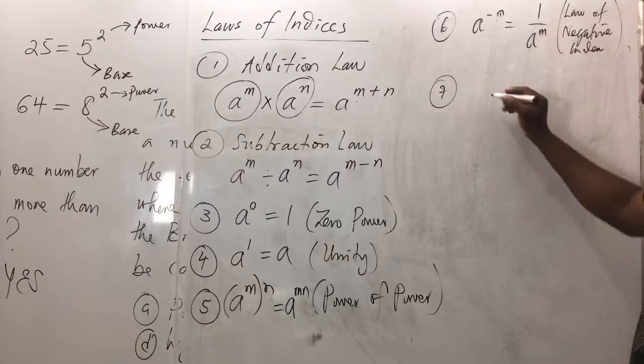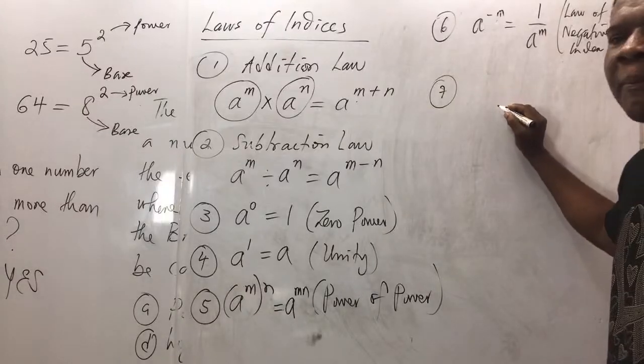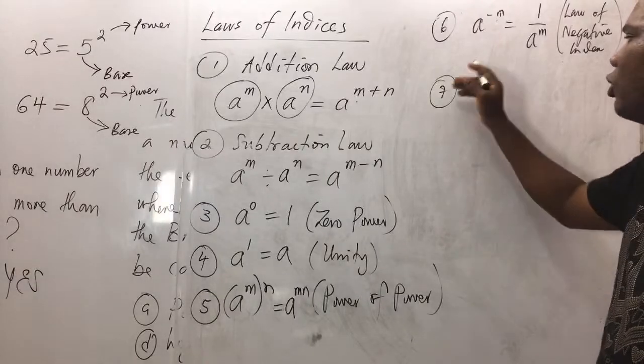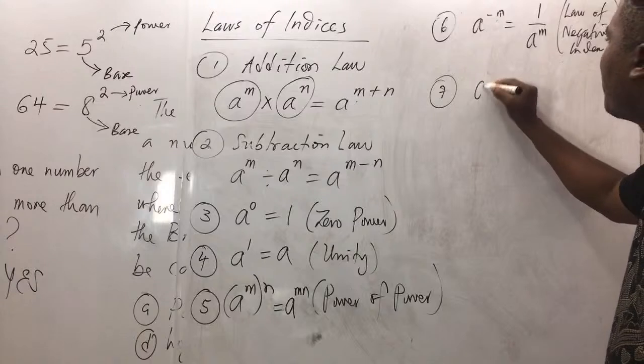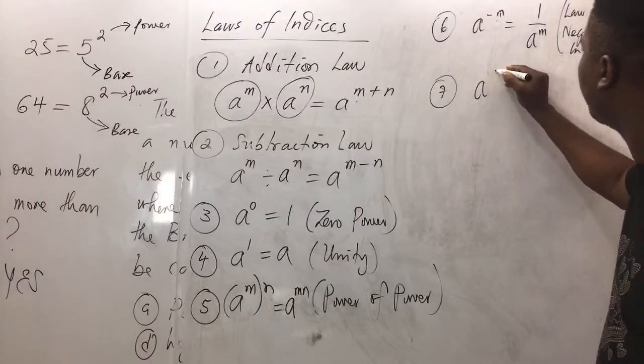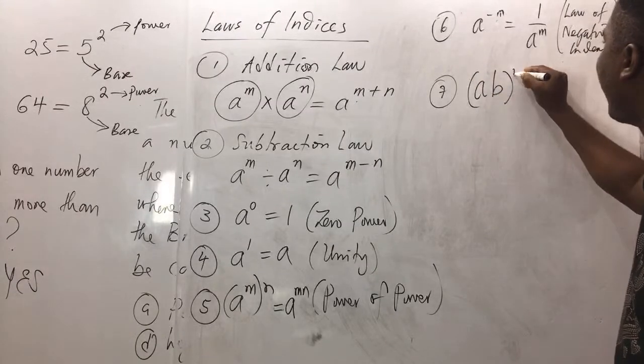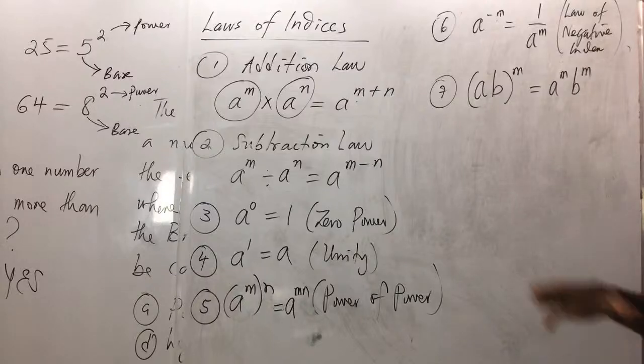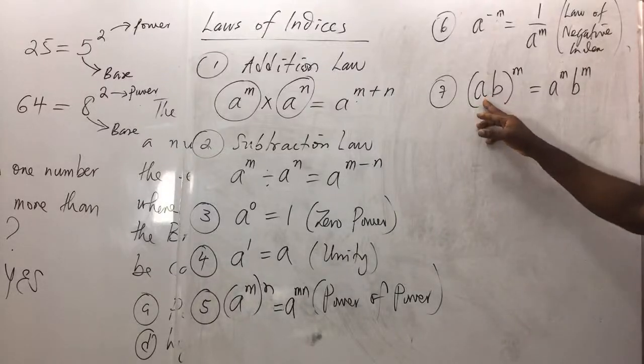In law number 7, we have the law of shared powers, and this law has two variations. So I'm going to separate them, calling them law number 7 and 8. So in law number 7, we have AB raised to power m is the same as A raised to power m times B raised to power m. Now, in this law, please take note.